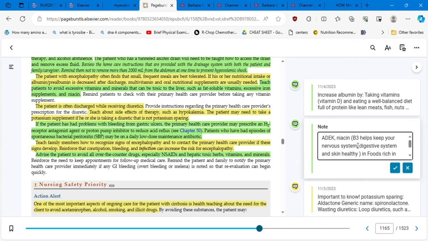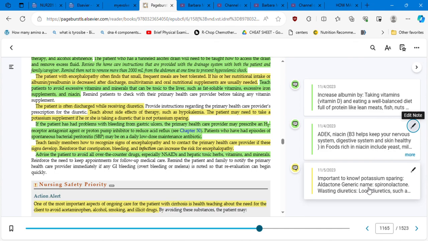Also, it's important to include niacin, which is vitamin B3, that helps keep your nervous system, digestive, and skin healthy. And B3 is present in cheese, milk, meat, tortillas, and cereal grains.